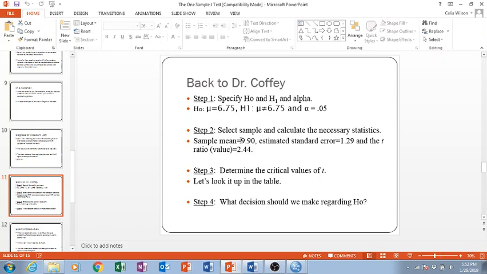So she did that, a sample mean of 9.90, estimated standard error of 1.29, and the t-value equals 2.44. So determine the critical values of t. I encourage you to look up the value in the table in the back of your book and make a decision regarding that null hypothesis. What is the critical value of t?